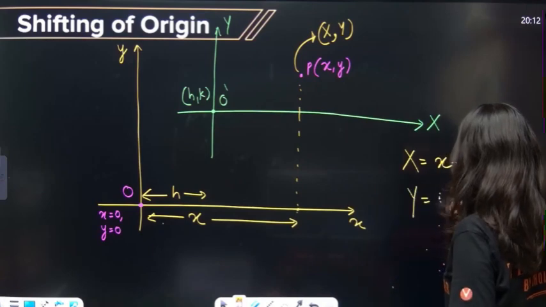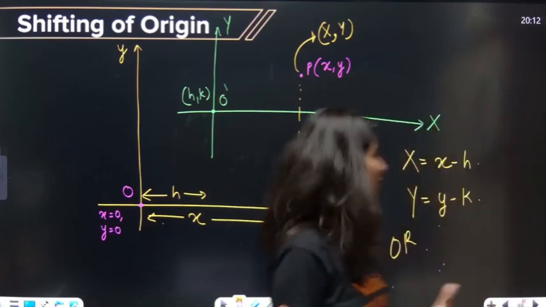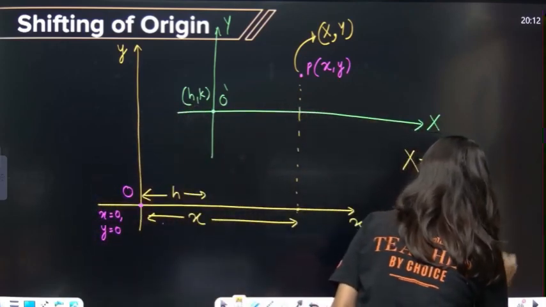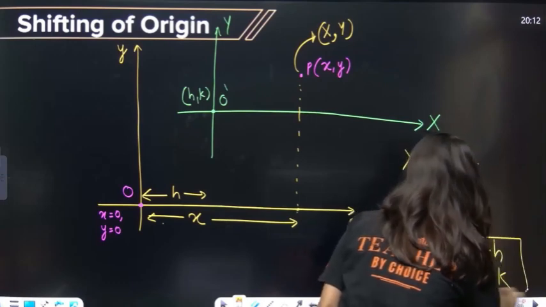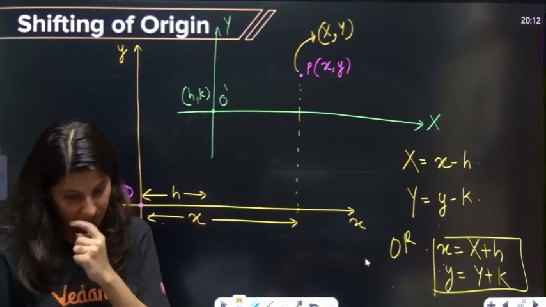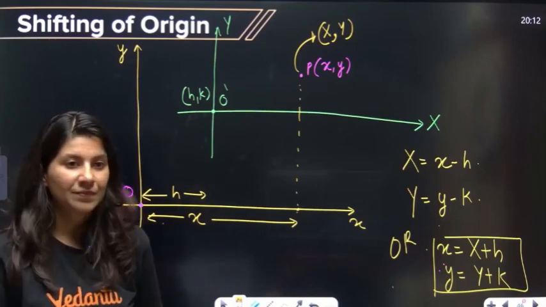Capital Y will be y minus k. Or it will be easier to remember if I write x is equal to capital X plus h, y is equal to capital Y plus k. This is your final thing. Everybody, this is shifting of origin. This is the formula.